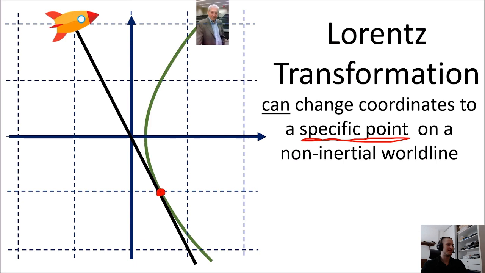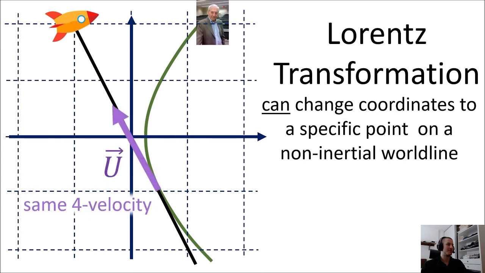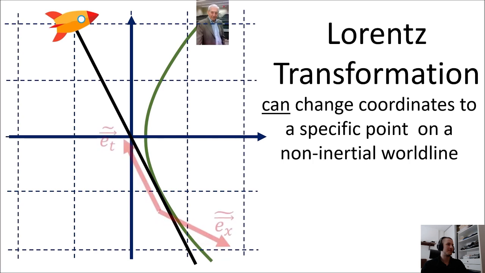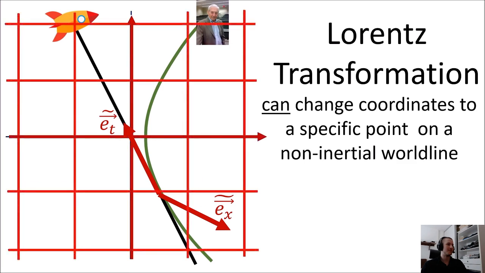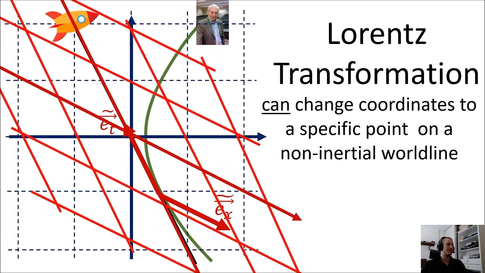This means at this event point, both Rindler and the rocket have the same 4 position and the same 4 velocity. So for this one instant in time, the rocket and Rindler have the same inertial reference frame, given by a spacetime basis et tilde and ex tilde, and we can find a Lorentz transformation from Einstein's stationary frame to this momentary inertial frame at this exact event point.